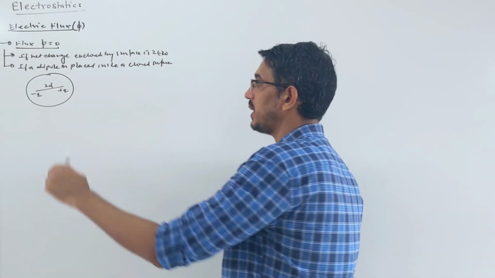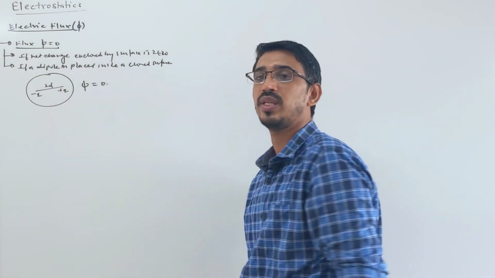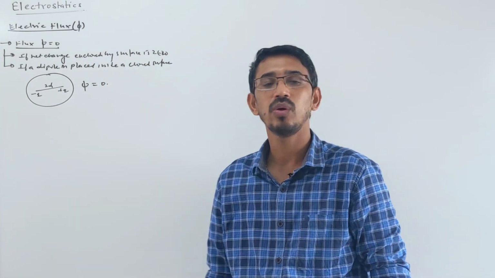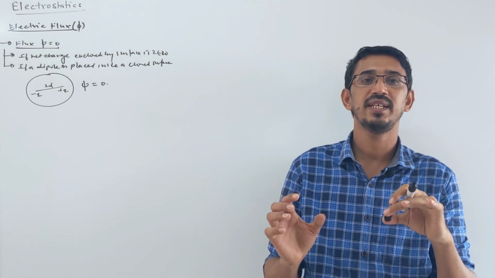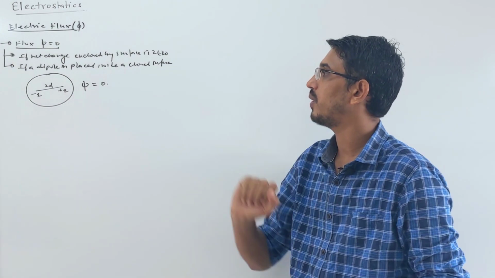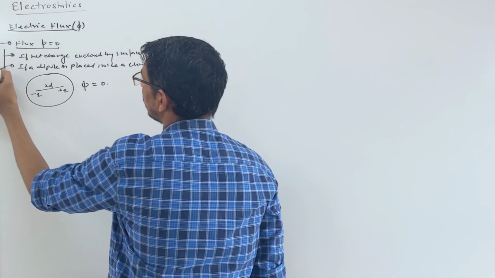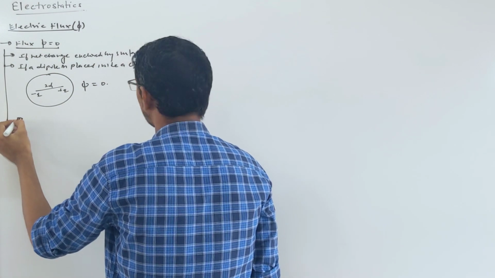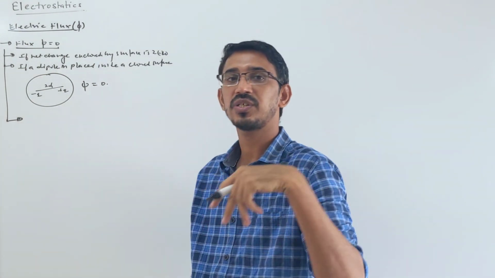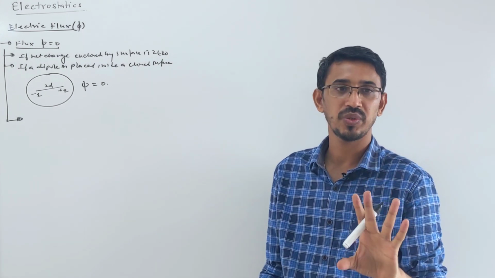It will be 0 because net charge plus q, minus q becomes 0, so flux will be 0 if a dipole is placed inside a closed surface. Either they directly say the net charge enclosed by the surface is 0, then flux is 0, or you put a dipole inside there, then also your flux will be 0. Or, as I already discussed, external charge, external flux and external field will not contribute to your flux.